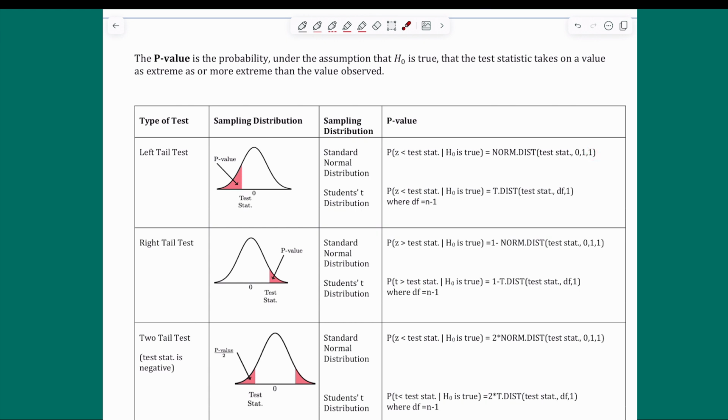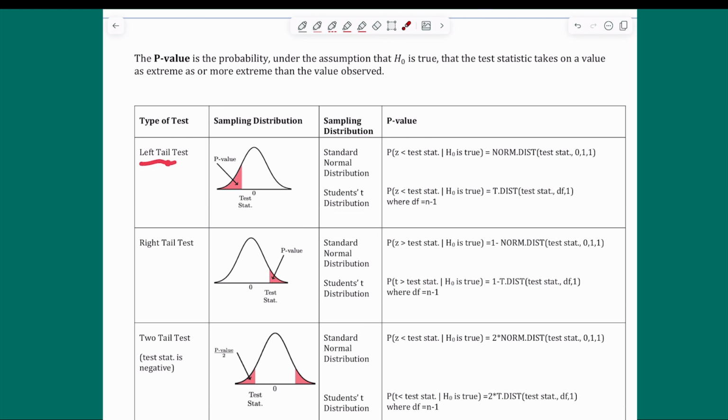Now, if it's the student t-distribution, which has a similar shape to the normal distribution, it's also a conditional probability, but instead of NORM.DIST, you use T.DIST, and you input the test statistic and degrees of freedom, comma 1, and degrees of freedom for this type of test will be n minus 1.